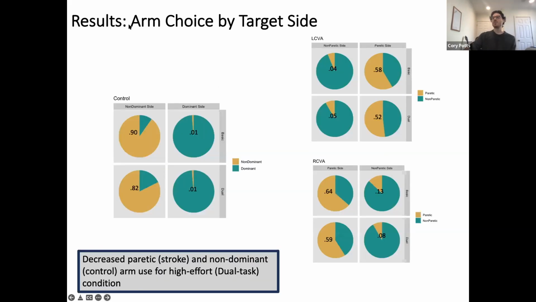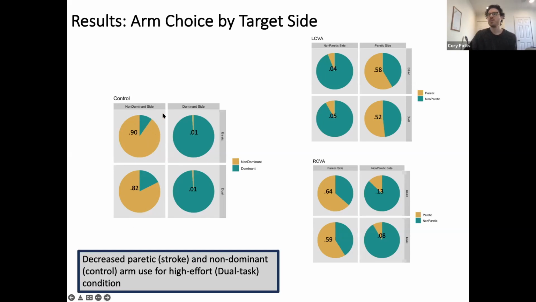Now these are the results, and this is arm choice by target side, which is really what we're interested in. Let's start with controls and look at the pattern overall. This is the non-dominant left side. This is the dominant right side. These plots show the proportion of non-dominant arm use in this yellowish color and dominant arm use in this greenish color.